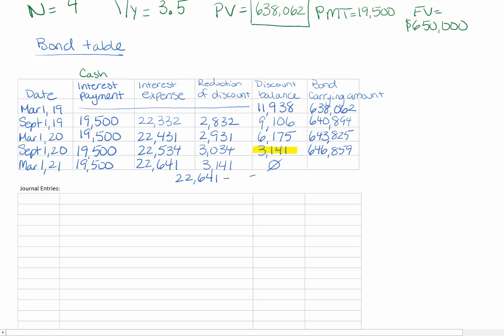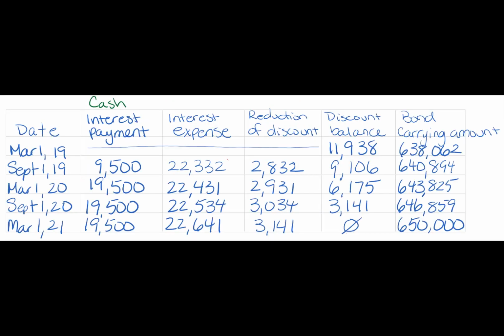And now that reduces my discount balance down to 0 perfectly. And then we'll have a whole bunch of happy students. So our new bond carrying amount is $650,000, which is exactly what we want it to be. We want it to match the future value or the face value we identified at the beginning of the question. So this is good news. That means we're ready to move on to our journal entries.